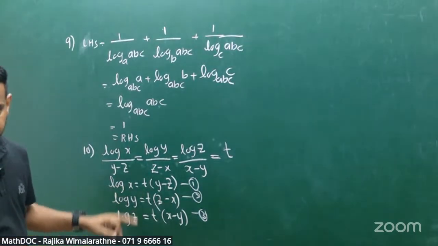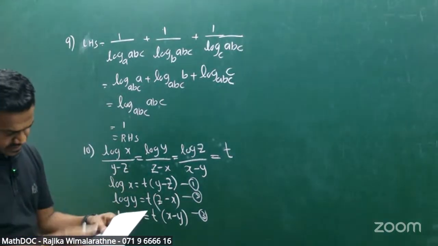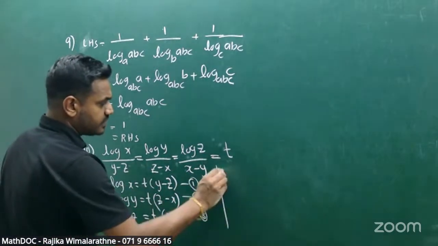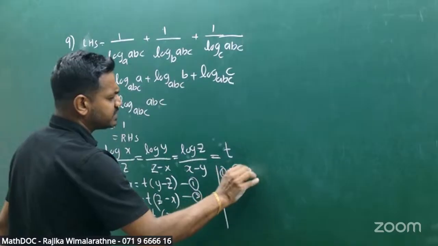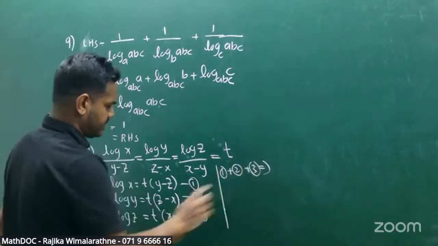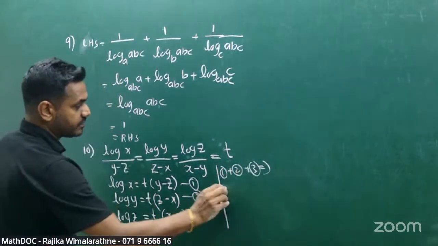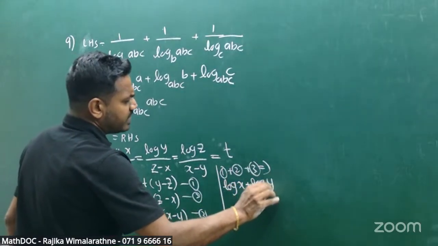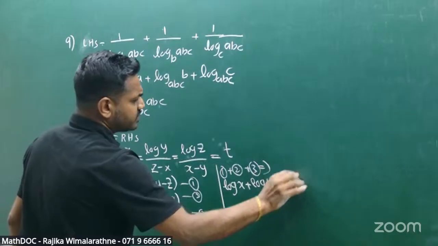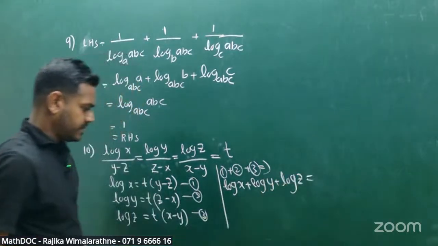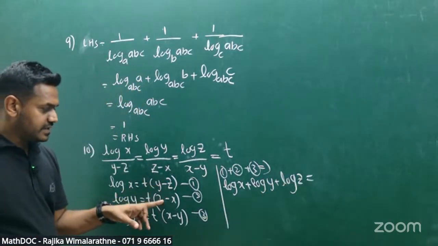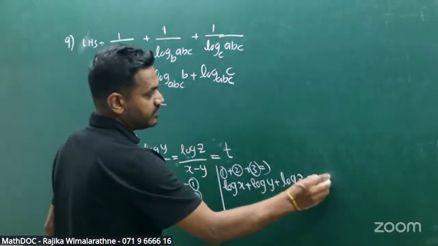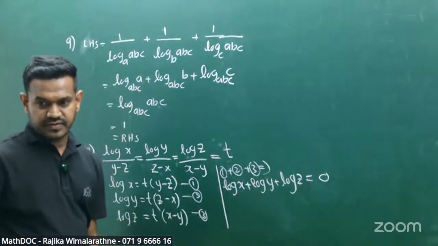Then here we have to get xyz. Then add them, so take 1 plus 2 plus 3. When you add them, log x plus log y plus log z. Here you can cancel z, cancel x, cancel y. Then the result will be 0.